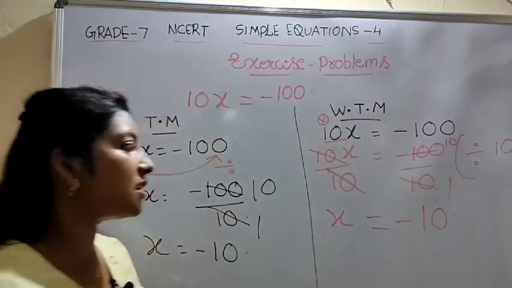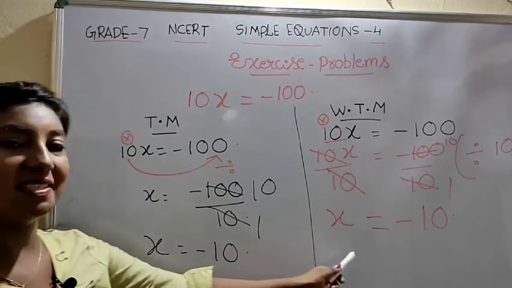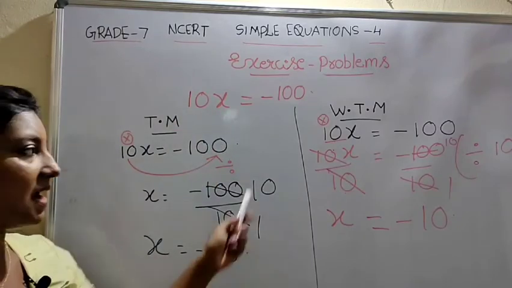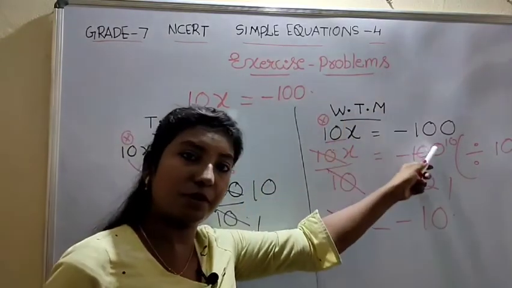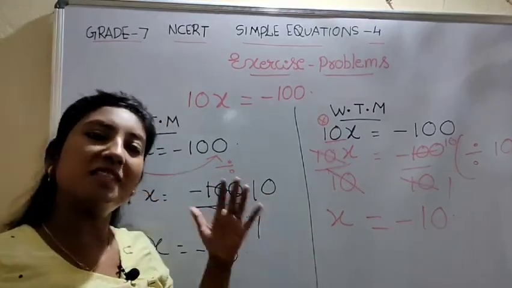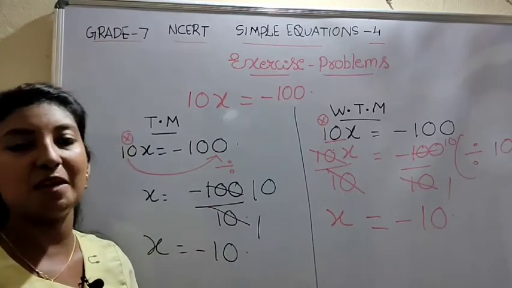If we observe, whatever the method you choose, you will get the same answer. Here in the transposing method we got x as minus 10, and in the same manner in the without transposing method also we got minus 10 as our answer. So in this way you can solve equations in any method, you will get the same answer.